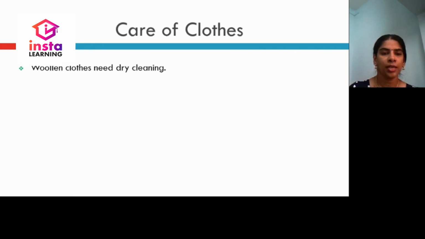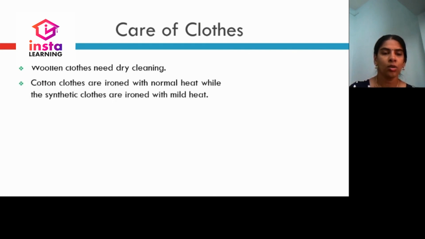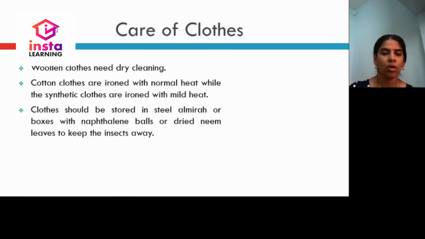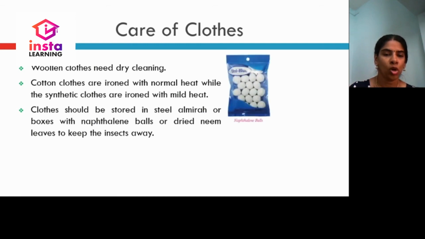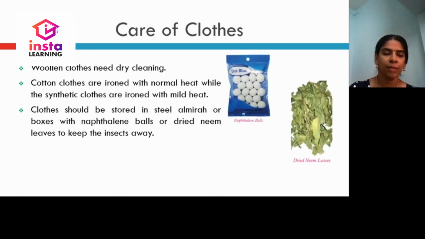Woolen clothes need dry cleaning. Cotton clothes are ironed with normal heat, while the synthetic clothes are ironed with mild heat. Clothes should be stored in a steel almirah or boxes with naphthalene balls or dried neem leaves to keep the insects away.